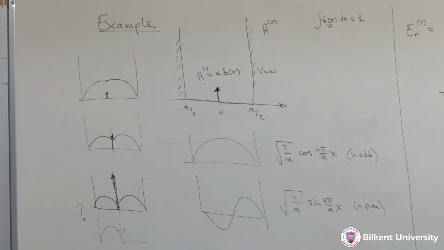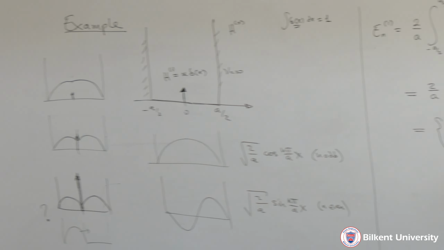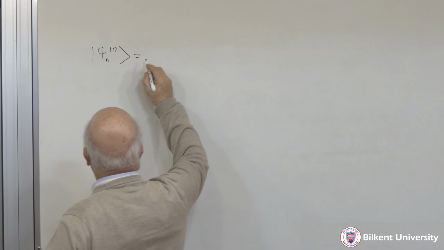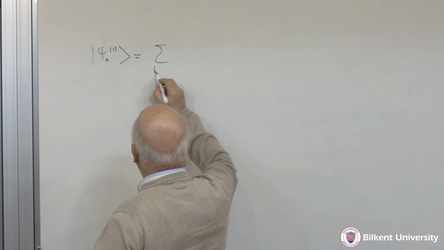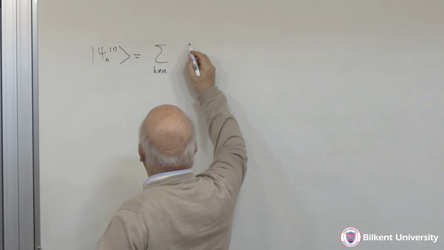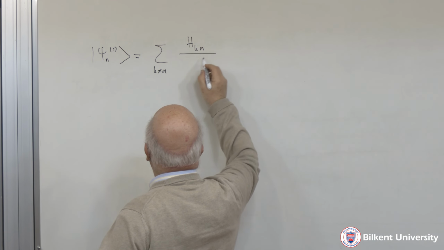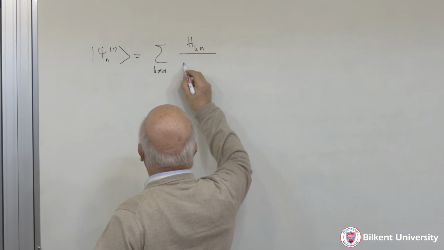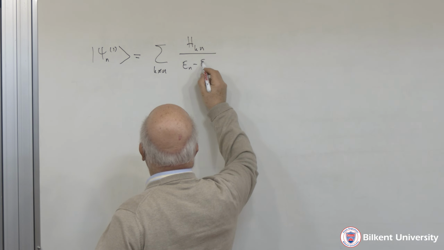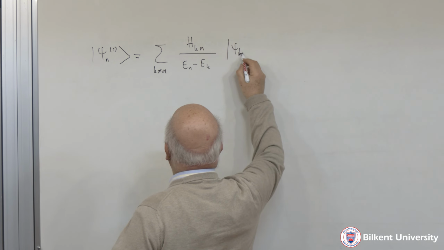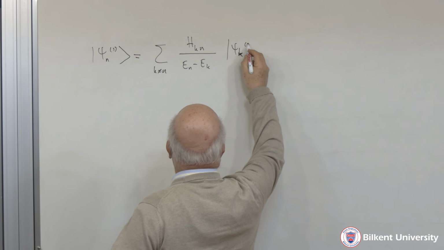So psi n1, remember, is equal to the sum over k not equal to n of H_kn divided by E_n minus E_k, times psi_k^0.